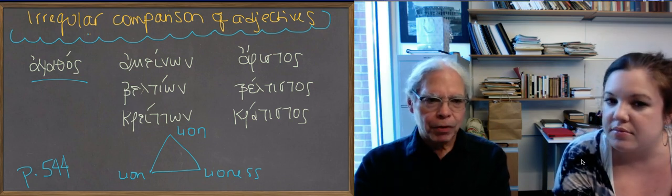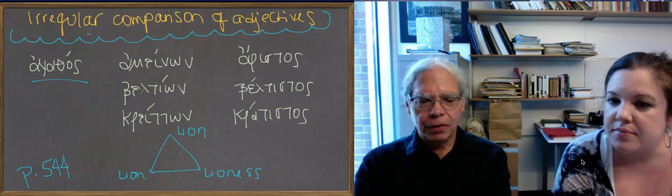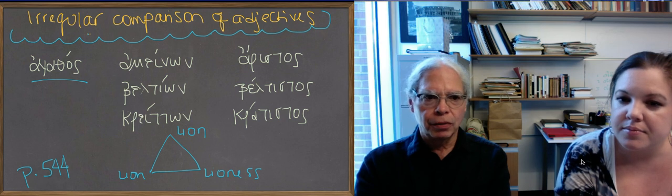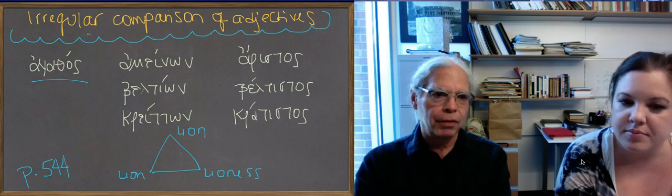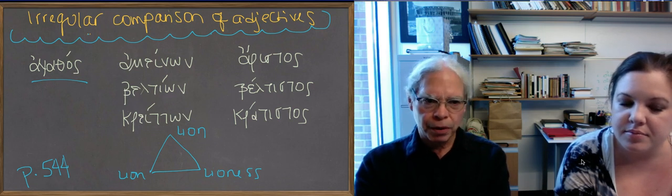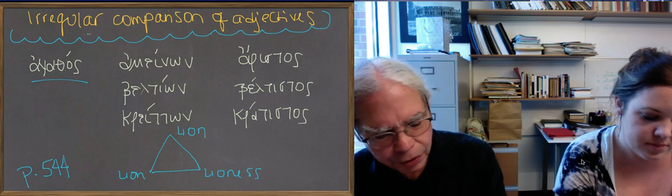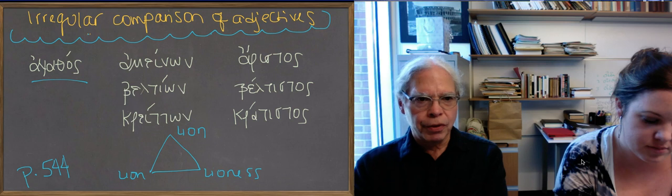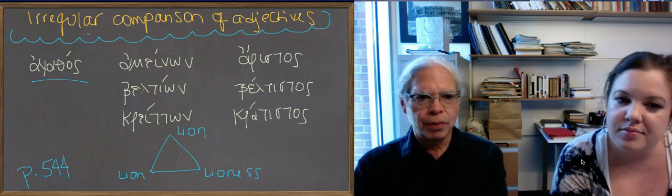Okay, so you can see that you've got a three-part system, and these forms amenon, beltion, and kreton, they're all really from the eon comparatives, although the iota is missing in some of them for reasons that the book shows you. On page 545, the iota turned into a y in some places and then disappeared.